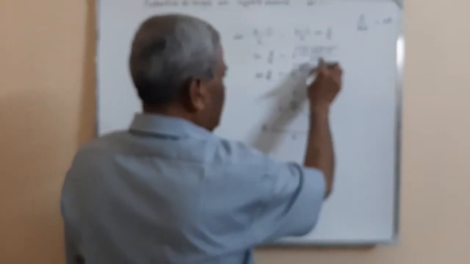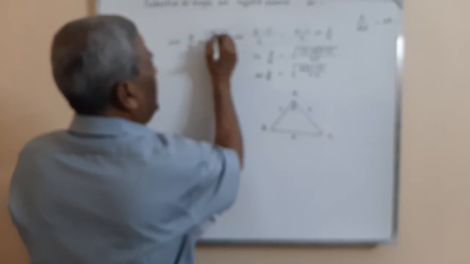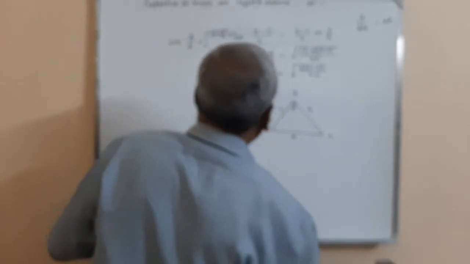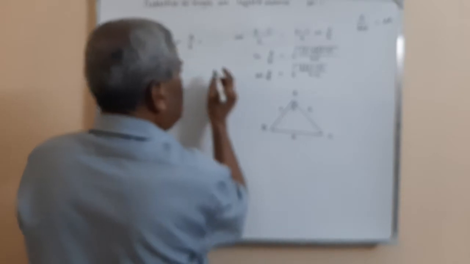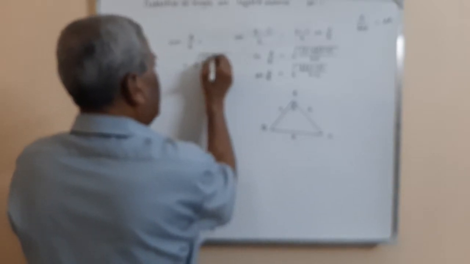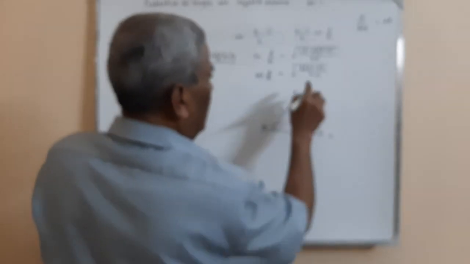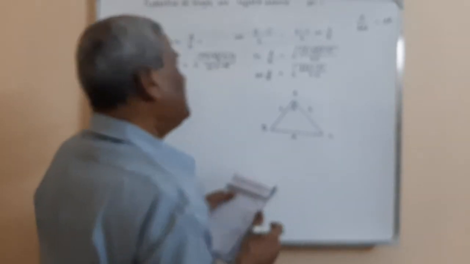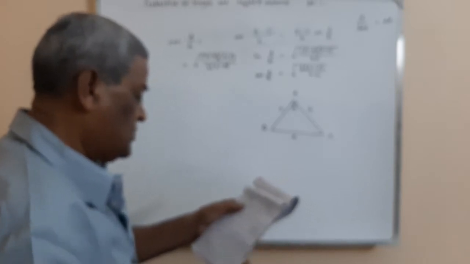This by that, bc cancels, root over of (s minus b) into (s minus c) divided by s into (s minus a). Similarly, tan B by 2 and tan C by 2 are other formulas.